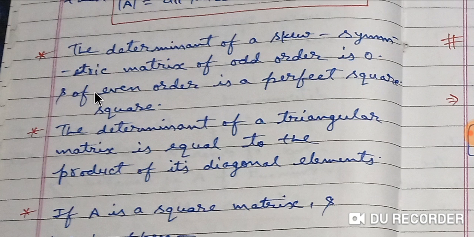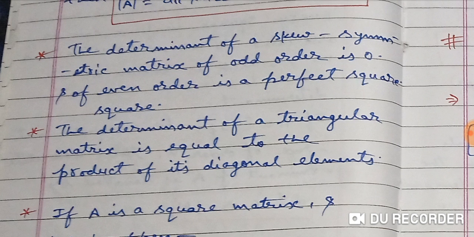Now if this skew symmetric matrix is of even order, that means the order will be 2, 4, 6, 8, then its determinant will be a perfect square. Perfect square means a number whose square root is easily found, like 25 is a perfect square because its square root is 5.